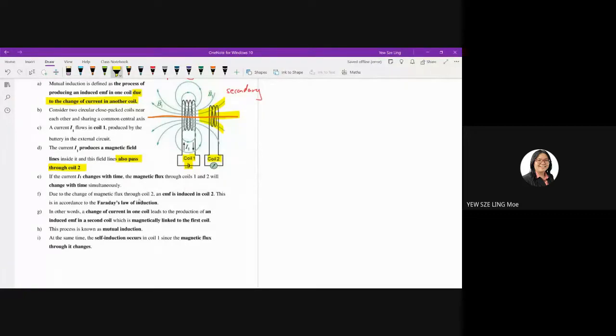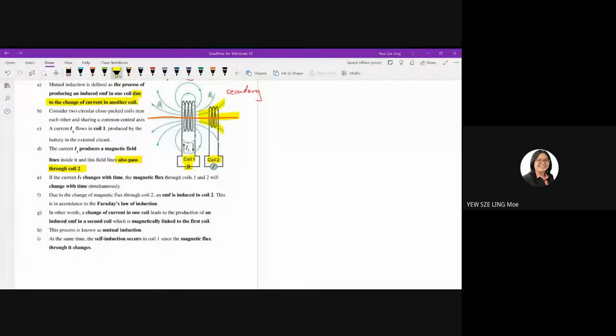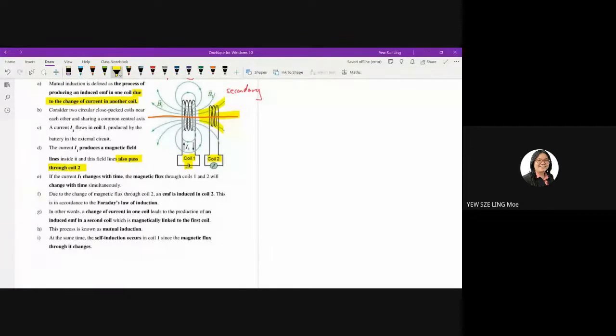Due to the change of magnetic flux through coil 2, an EMF is induced in coil 2, according to Faraday's law. Actually, not just coil 2; both coils undergo an induction process. Just that coil 1 undergoes self-induction and coil 2 undergoes mutual induction.